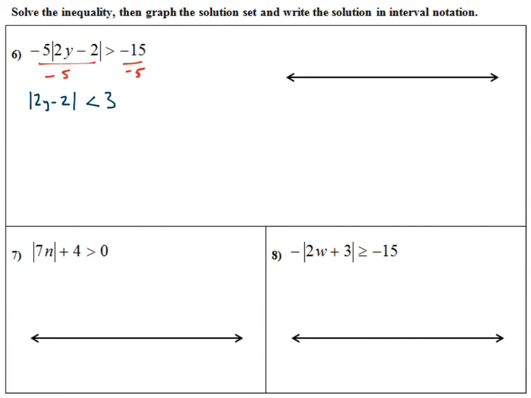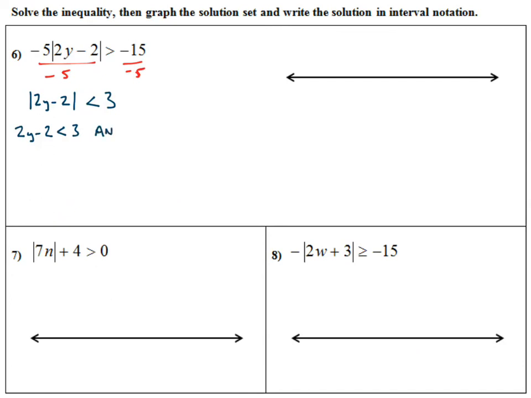All right, now I'm ready to break it into the two possible inequalities. Because it's a less than, I know it's going to be an and. And so therefore, the two parts of my inequality will be that 2y minus 2 is less than 3.